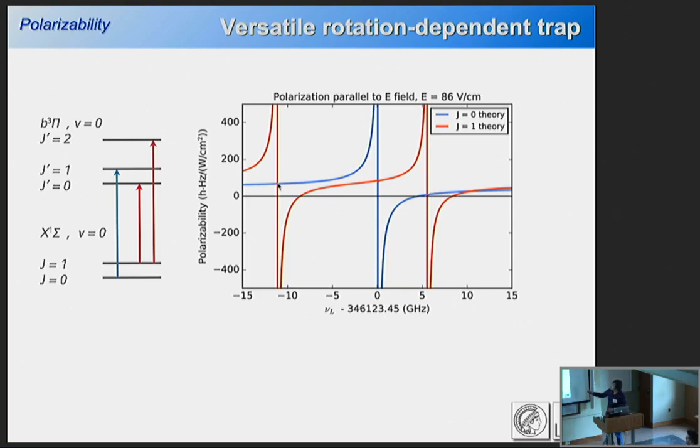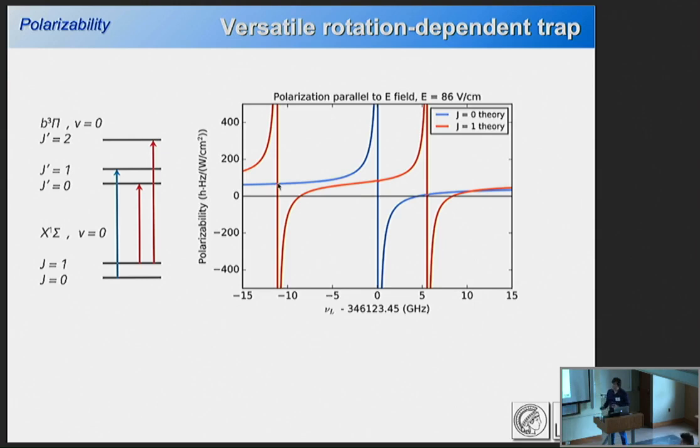Here you can see there are a few special points, like here where the J=1 light shift vanishes while J=0 is finite. Here these two have the same polarizability. It's a magic point. There's an anti-magic point. There's a tune-out for the J=0 state and J=1 state. So there are about four or five special points.